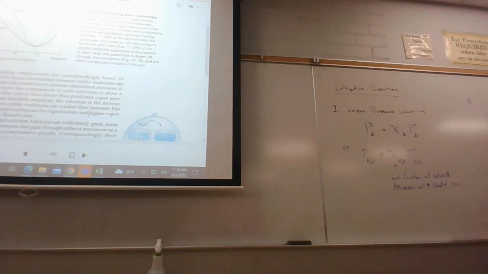However, when the vapor pressure is lowered, it drops this down. And so what we end up with is a melting point that ends up being lower and a boiling point that ends up being higher. This is called melting point depression.